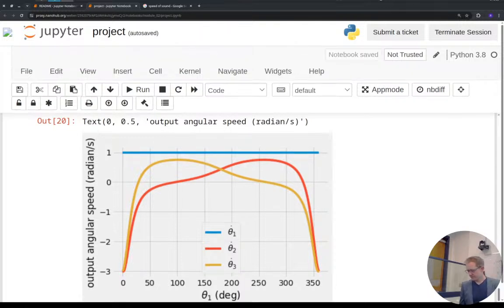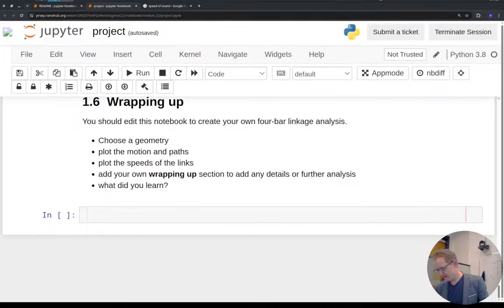All right, so some wrapping up of what did I learn in this quick process. When I chose the geometry, I plotted the paths and motions because I ran the cells, changed things, reran it, and now I have some new results. I was trying to build a windshield wiper, so I wanted to increase the range of theta 3 as big as I could.